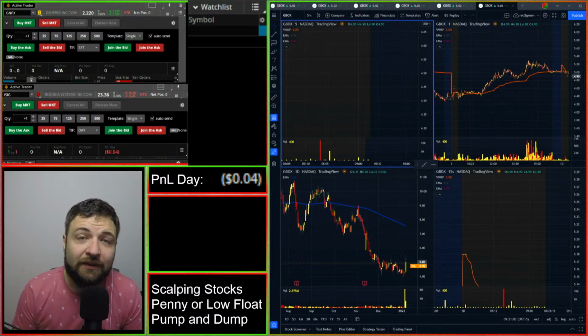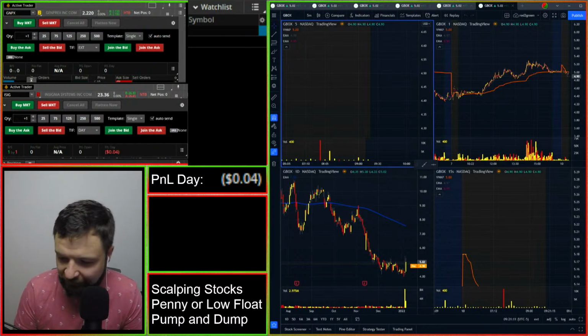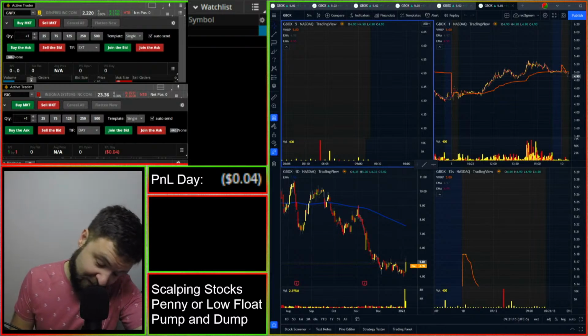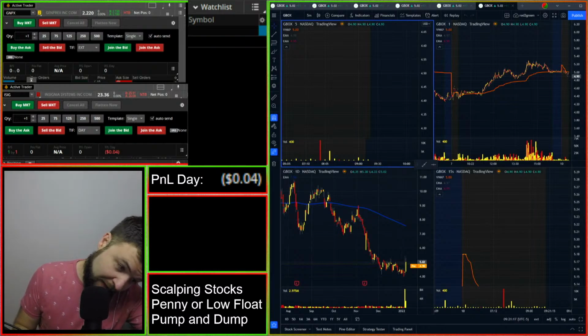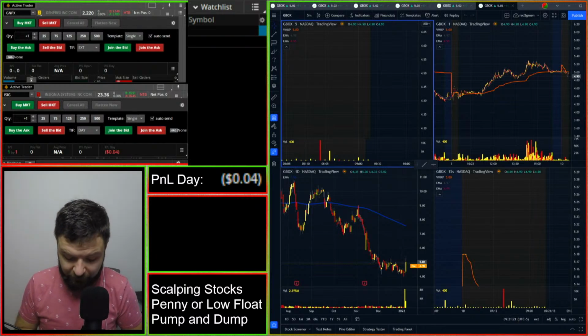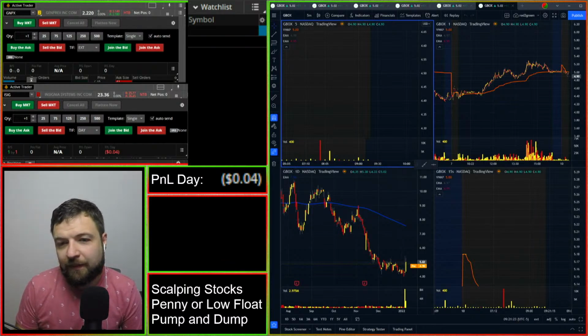I feel like Thursday, Friday large caps had more movement rather than low floats. And I want to see if I can apply the same concept, the same methodology, to large caps. Before, I stayed away from them because of the way they move.